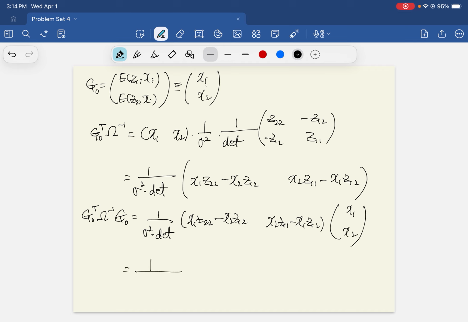So if you do this, 1 over sigma squared times the determinant, and it is just 1 by 1: x1 squared z22 plus x2 squared z11 minus 2 times x1 x2 z12. This is the matrix multiplication.